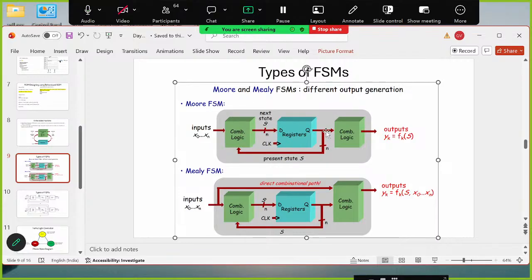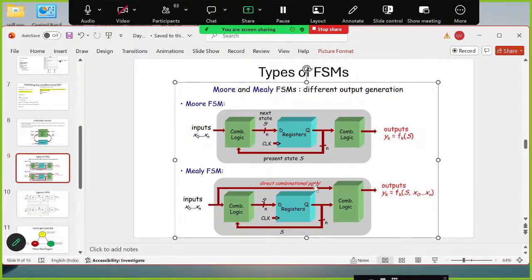The next state again will become the present state, and the final output will depend only on this stored present state. This type of machine is called a Moore machine, where the output depends only on the state, or you can say the output of this register.